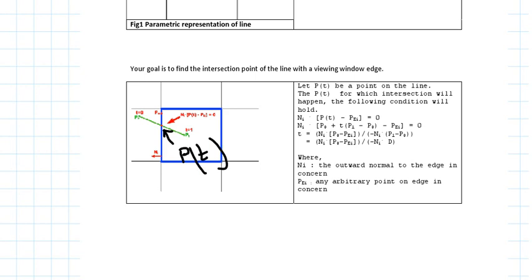In this case, this is your PT minus PE vector, and this is your outward normal vector Ni. Now just have a look at the angle between these two vectors. It is actually 90 degrees. So now theta equals 90 degrees.